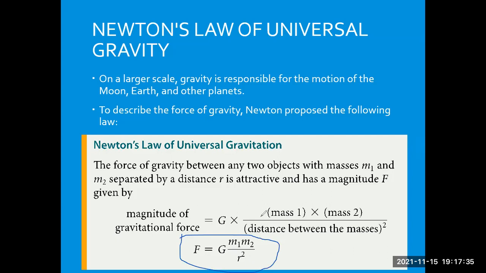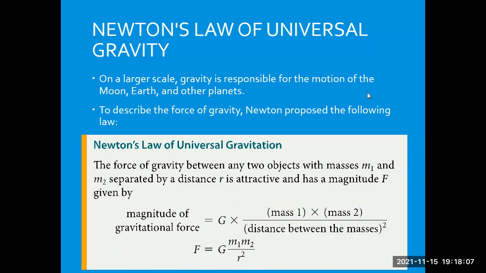Okay, so meron tayong dalawang mass. Normally ang mass natin is in kilogram. Then the distance between the masses is normally in meter. Then syempre, unit of measurement for force natin is N. Then G is basically a constant value.